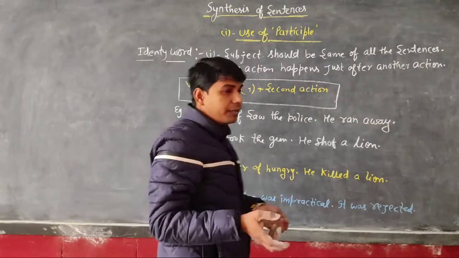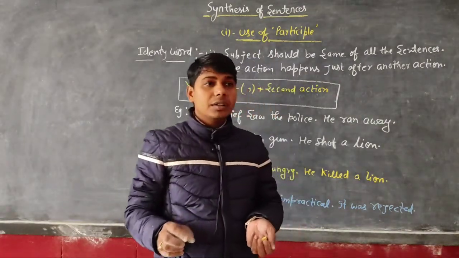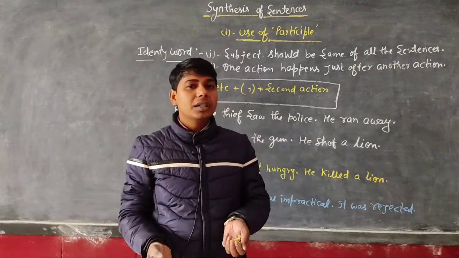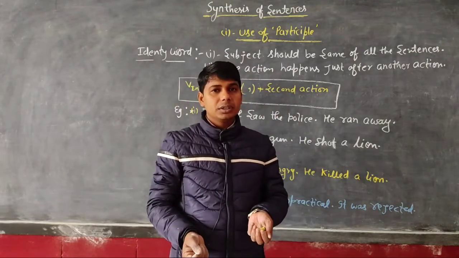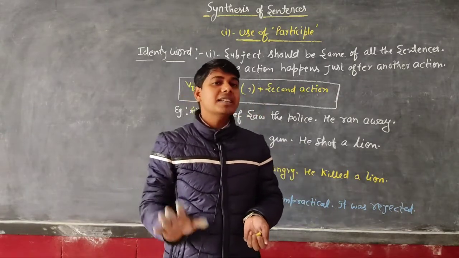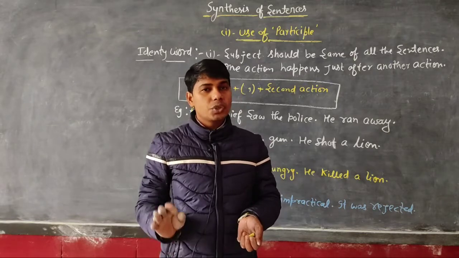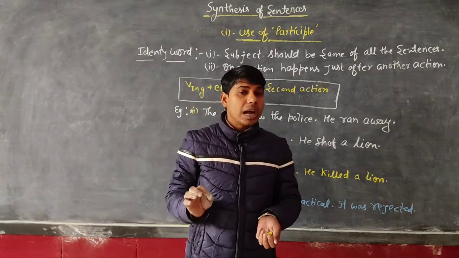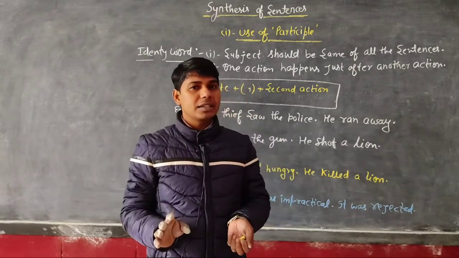So dear, very first we must know the identification of the sentence. Until you identify the sentence, you cannot join the sentences. So very first you must know the identity word of the given sentence.